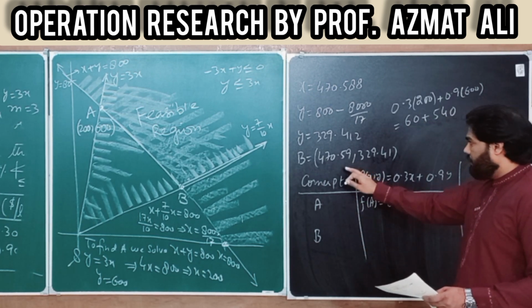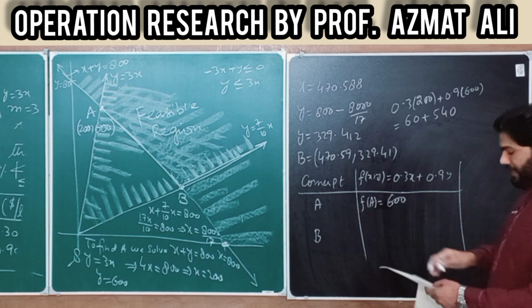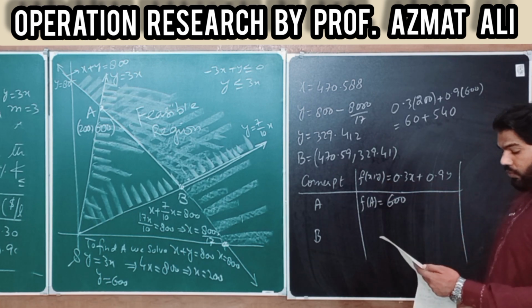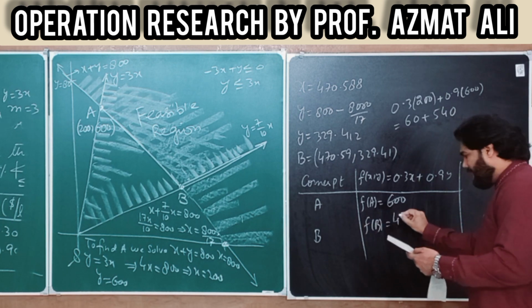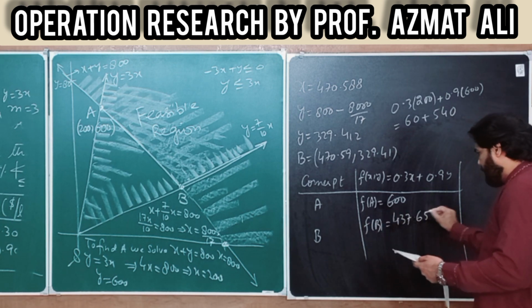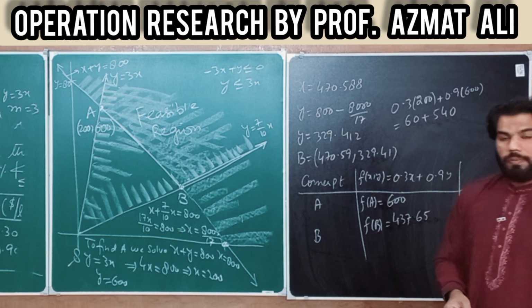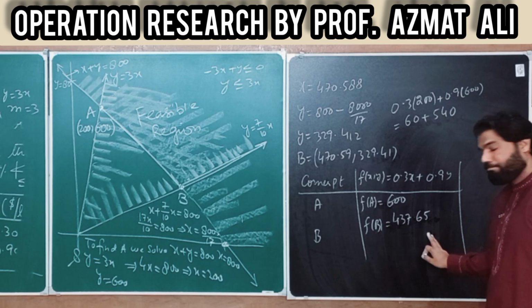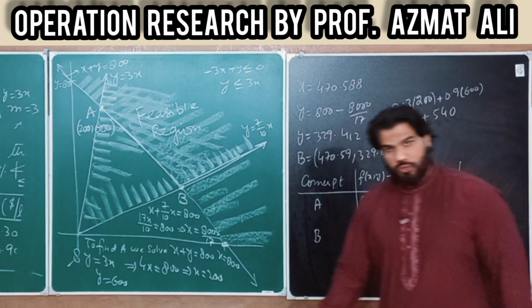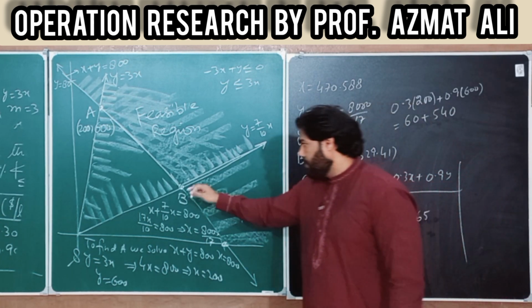By putting the value of B in our objective function, our cost at point B is 437.65. So the minimum cost in dollars per day is $437.65. So our optimal solution exists at point B.